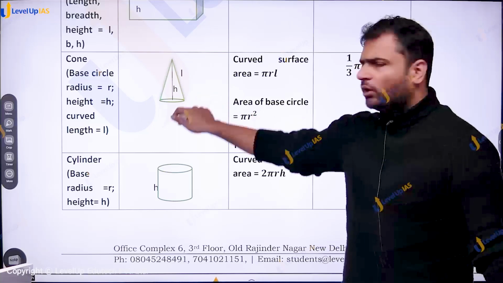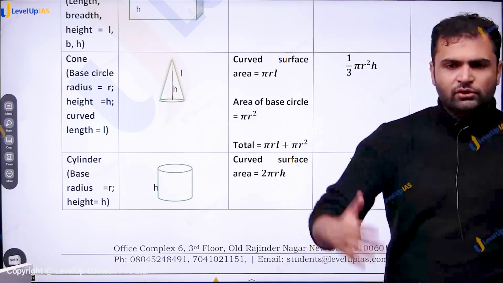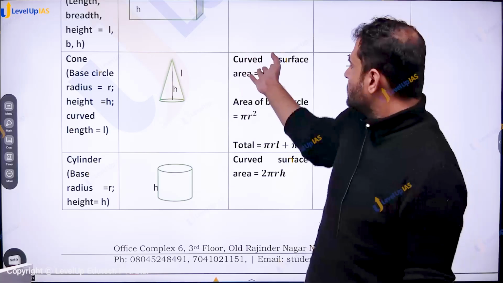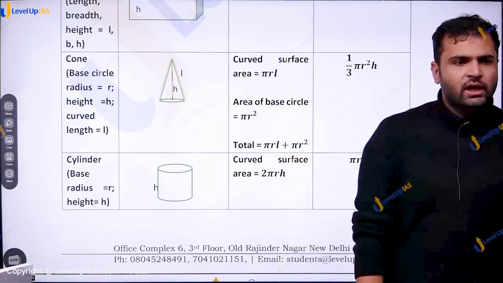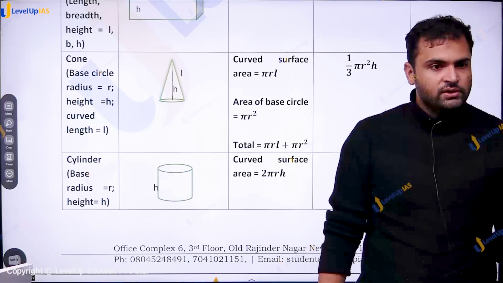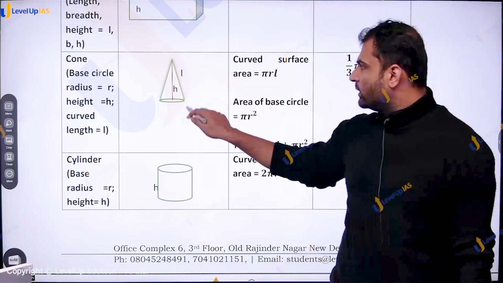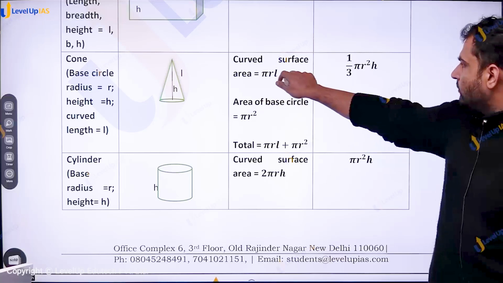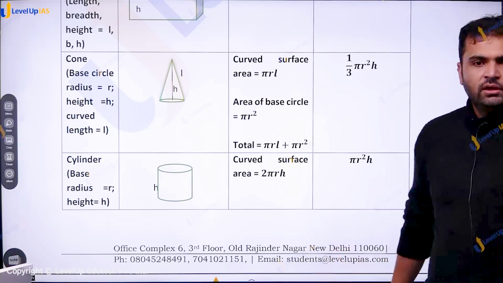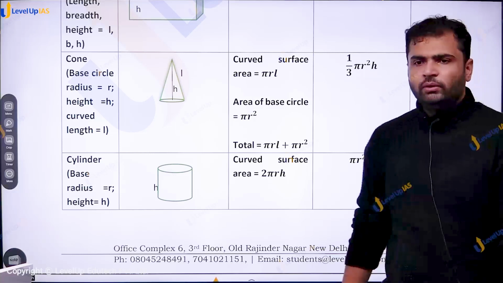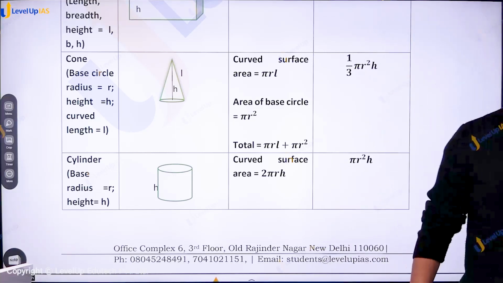So there we don't add anything for the bottom, because in a tent only curved surface area is required. So you have to use this pi r L formula. We are given height and radius, so you can calculate this L by Pythagoras. L square would be h square plus r square, and you can put everything in the formula and find out the cloth or surface area required. And volume would be 1 by 3 pi r square h.